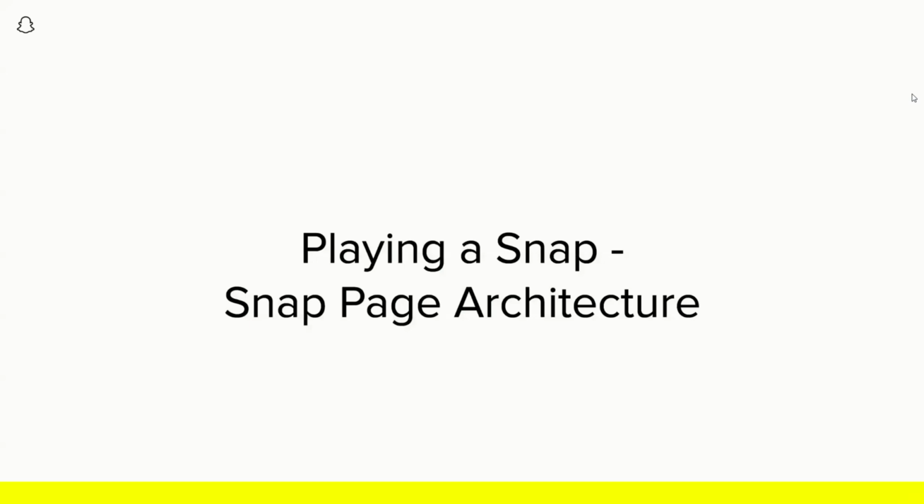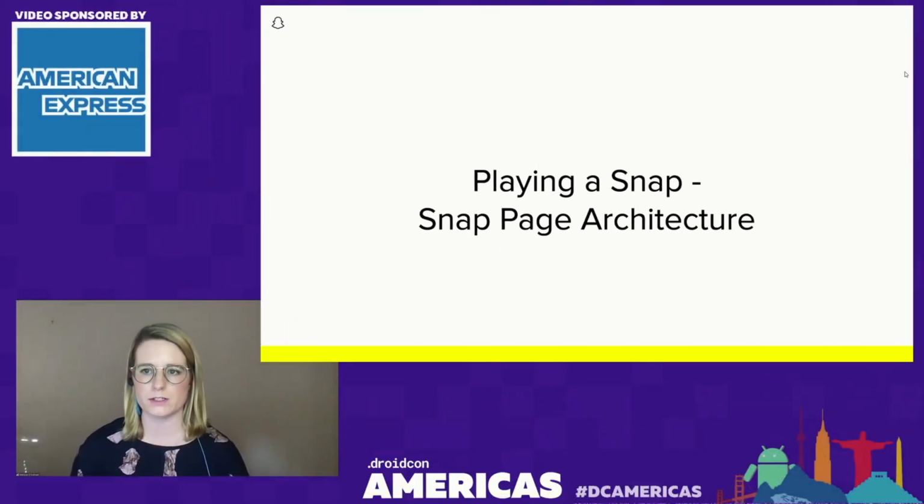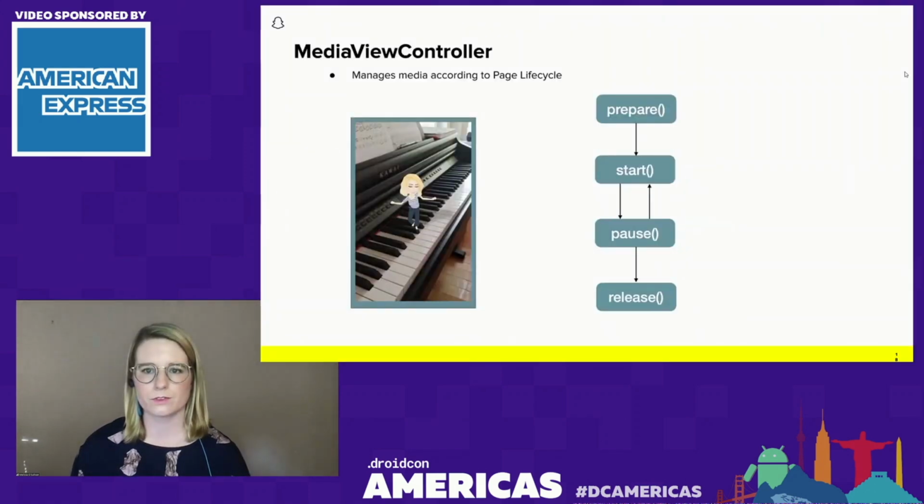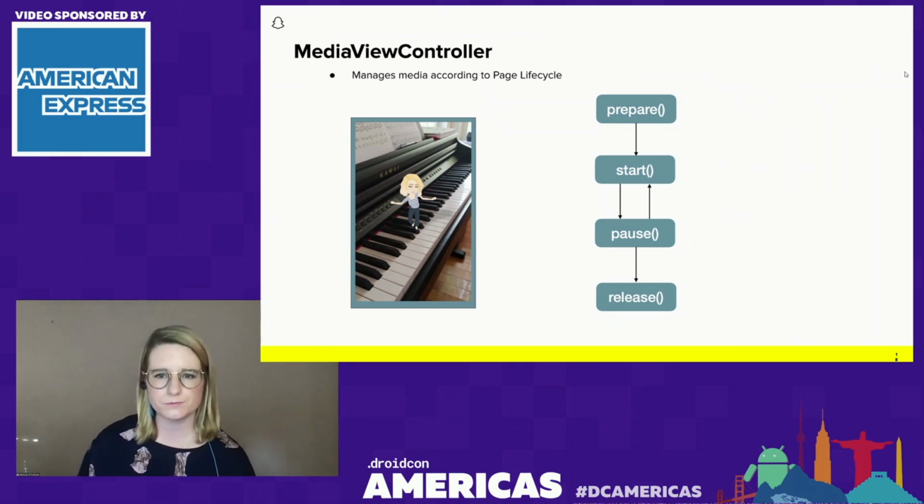Here we'll look at how media rendering fits in with supporting components to create a snap page. So here we have a media view controller. The media view controller responds to a page lifecycle interface to load and start playback with methods prepare for when the page should be ready to be on screen, start for when the page is on screen, pause for when the page is taken off screen but should be ready to go back on screen, and release for when the page resources are no longer needed.